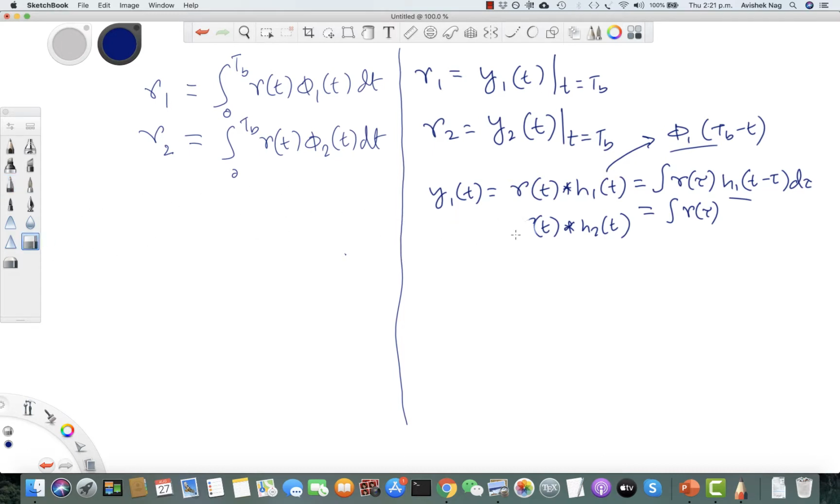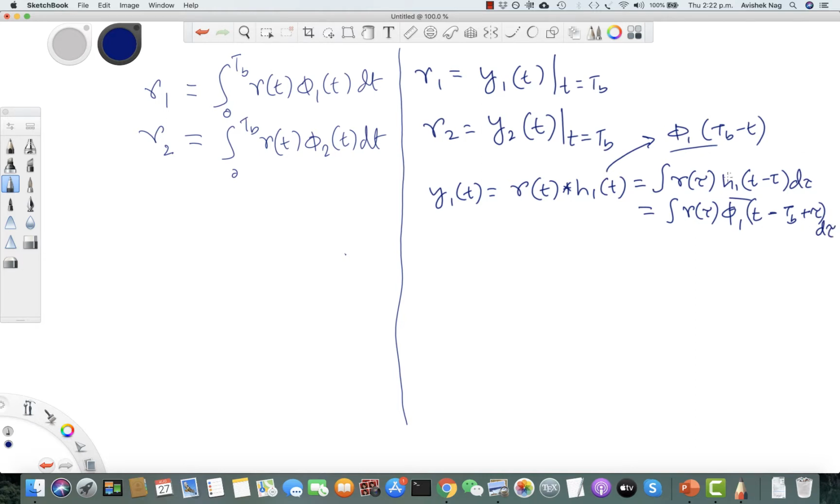Let's remove this part for the time being to avoid confusion. So r(tau), and then h1(t) is this, so I can write h1(t minus tau) as phi 1(tb minus t plus tau) d tau.